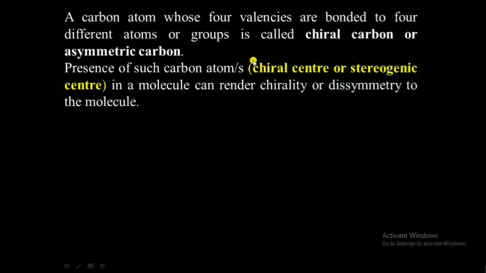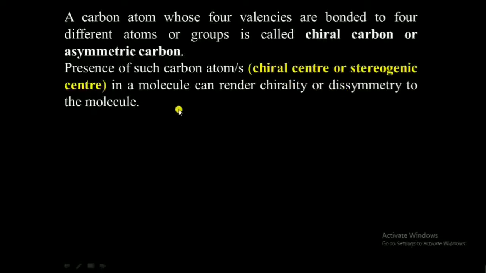You know that carbon has a valency of 4. If the 4 valencies of a carbon atom are satisfied by different atoms or different groups, then that carbon atom is called a chiral carbon or asymmetric carbon. The presence of such a carbon atom, or more than one chiral carbon atom, can render chirality or dissymmetry to the molecule.